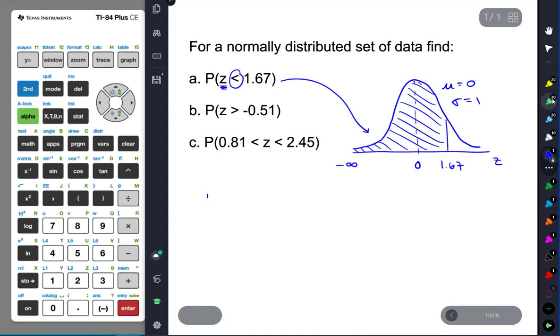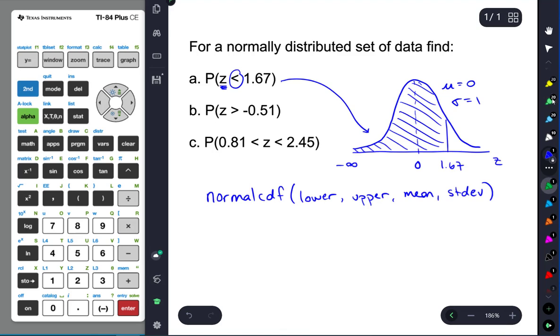So when you use normal CDF in your calculator, it requires 4 inputs: a lower bound, an upper bound, and then a mean and a standard deviation.